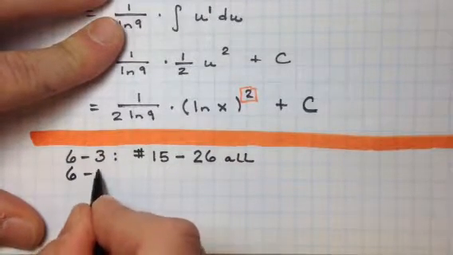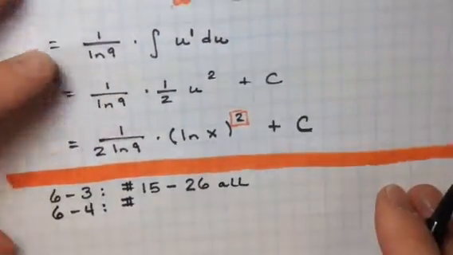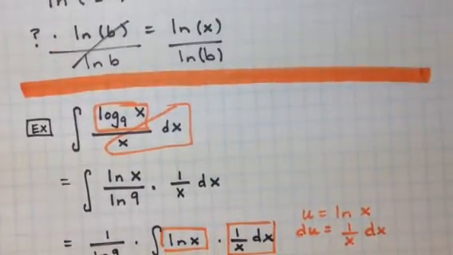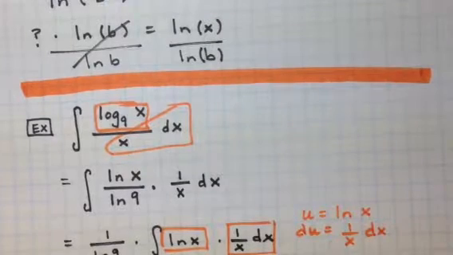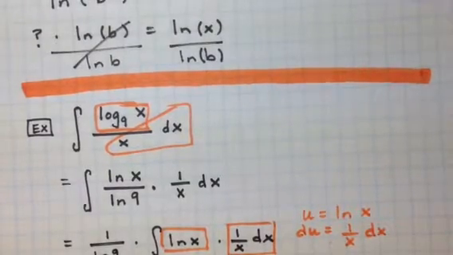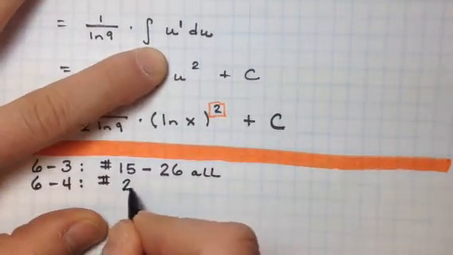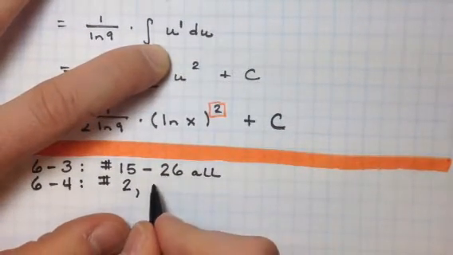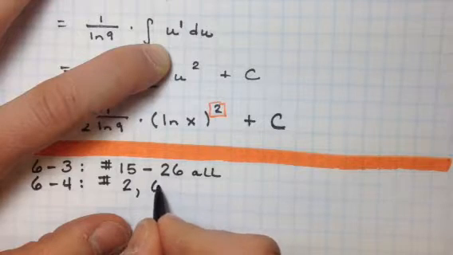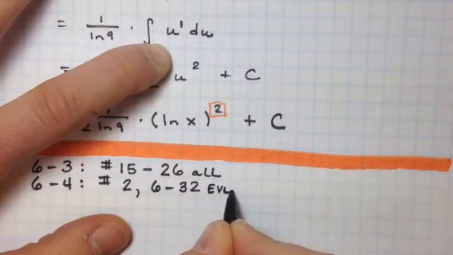And when you're done with those, you're going to go to 6.4, and in 6.4 you're going to do, hang on, I'll be back in just a second. Number 2, that one is a word problem, and then 6 through 32, the evens.